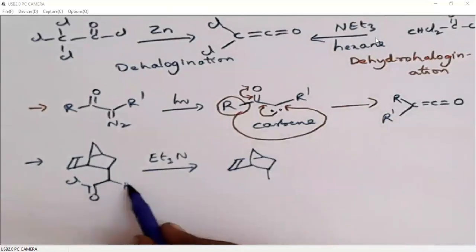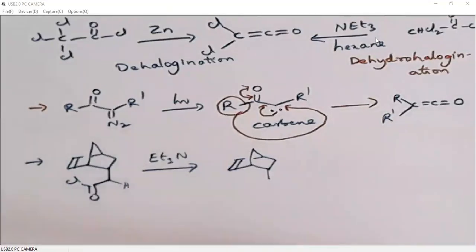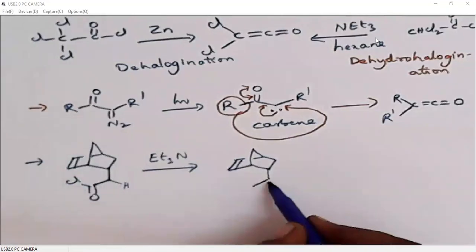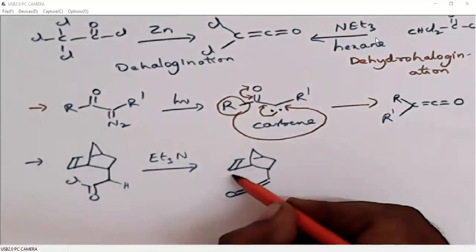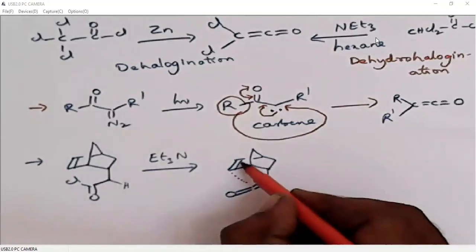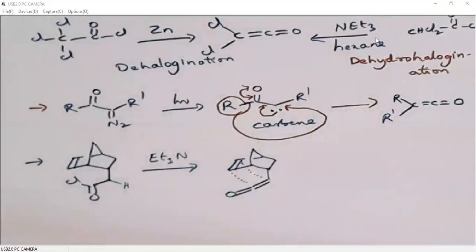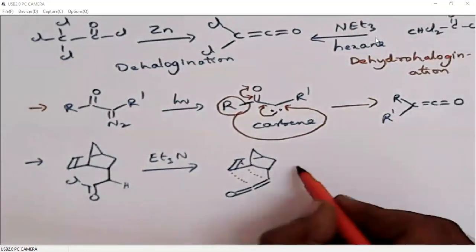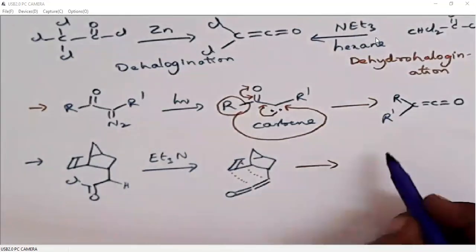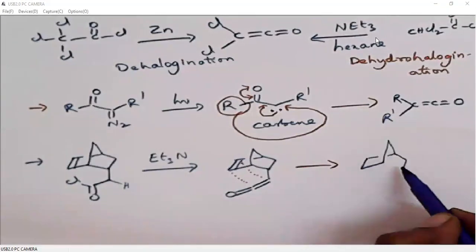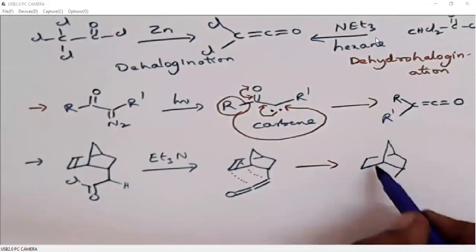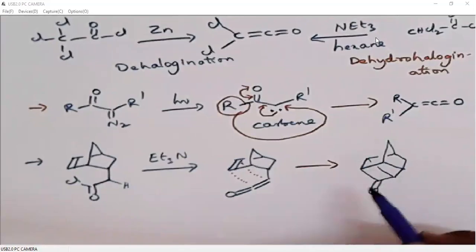A hydrogen from the alpha carbon can be picked up, so it generates a ketene, and this ketene will undergo intramolecular 2+2 cycloaddition. Here we don't look at the charges because steric crowding will play a role. So this is the product.